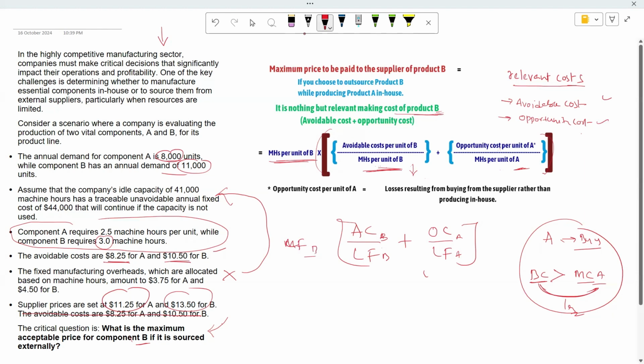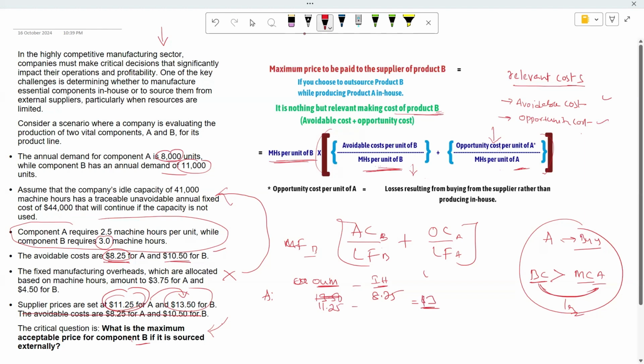So now first of all, let's consider the avoidable cost per unit. That is, what is the price that we are paying for product A if we buy outside? That means outsource. If we outsource, we are going to pay 11.25, sorry, not 13.5. But if it is manufactured in-house, the avoidable cost given in this question for product A is 8.25. So 11.25 minus 8.25 is $3.